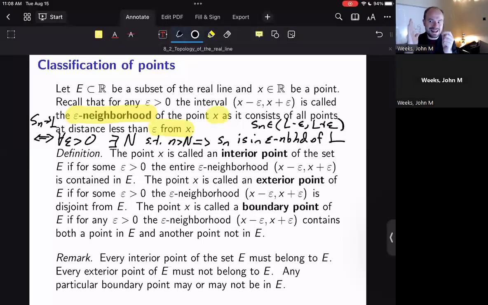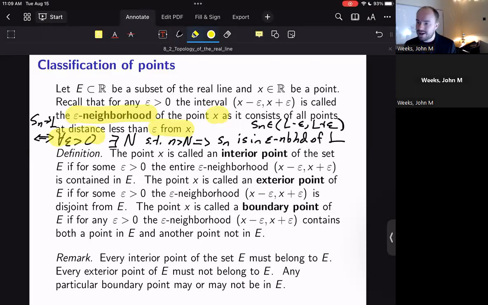Past a certain point, it's not in there, but this other point might be, so this point is closer in that sense. So that's a lot of what topology is trying to do: use notions like epsilon neighborhoods to discuss things that are close to specific points. Like S sub n gets closer and closer to L, which means it's in more and more epsilon neighborhoods. Eventually, it is going to be in any epsilon neighborhood if you go far enough.